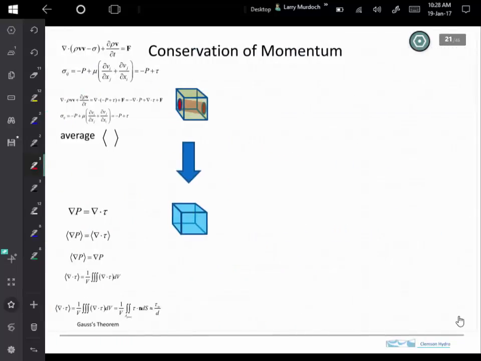Okay, so here's where we were. I'm going to write this a little bit different, so I can distribute that out.